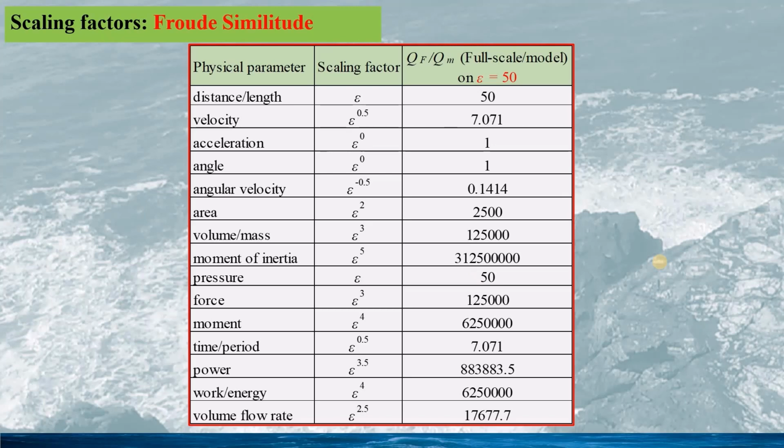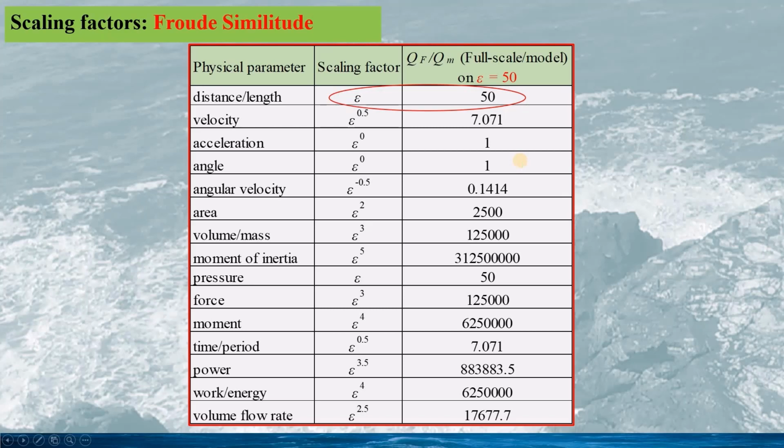Take the example epsilon equals 50 for a cylindrical oscillating water column wave energy converter. In the test, we need to scale the wave parameters. The wave height needs to be scaled down by 50 here.